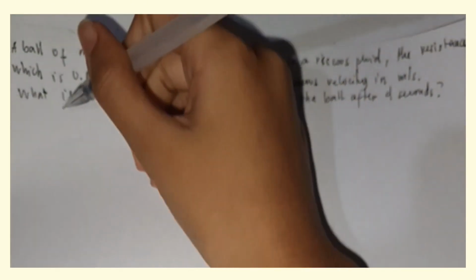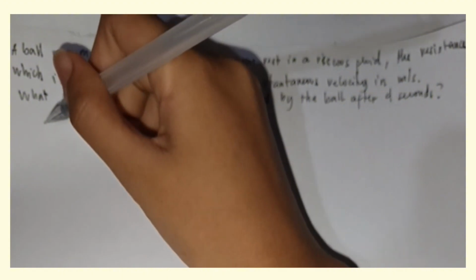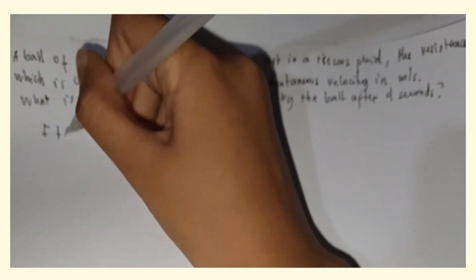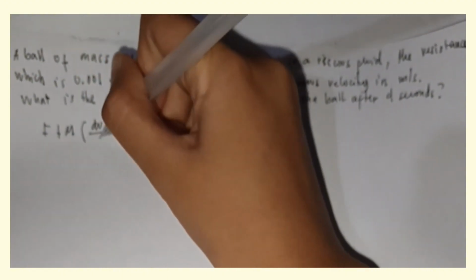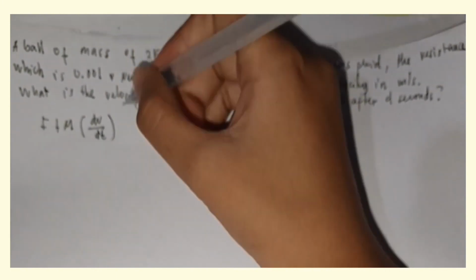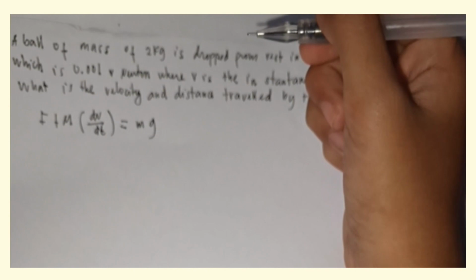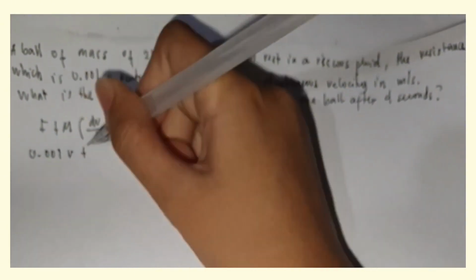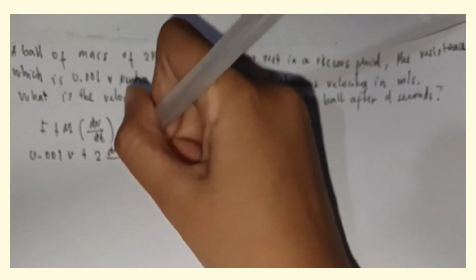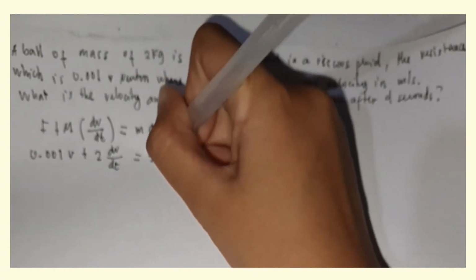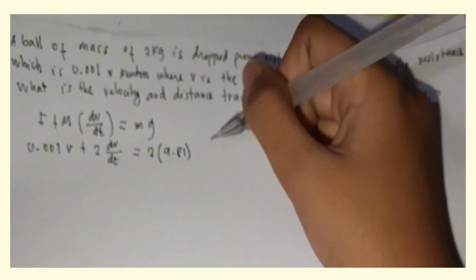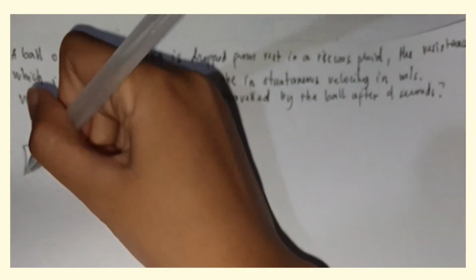Okay, let's write the given. The formula again is F plus m dV over dt is equal to mg. So the resistive force 0.001 V plus the mass 2 dV over dt is equal to 2 times 9.81. Again, we divide both sides by 2.